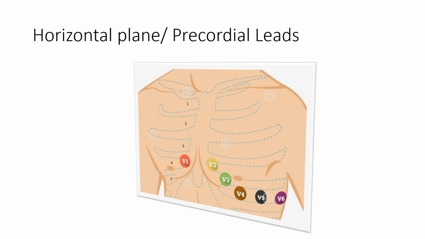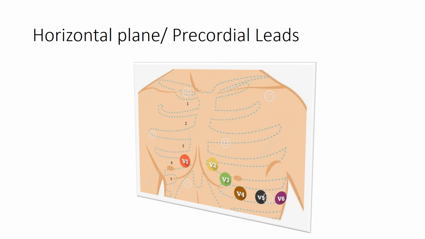There are usually 6 chest leads. In some cases, just like when we suspect right ventricular infarction or posterior wall myocardial infarction, there are some additional leads. For example, if we have to see the right ventricular infarction, then the position of the leads is reversed from left to right, and this is called right-sided ECG.